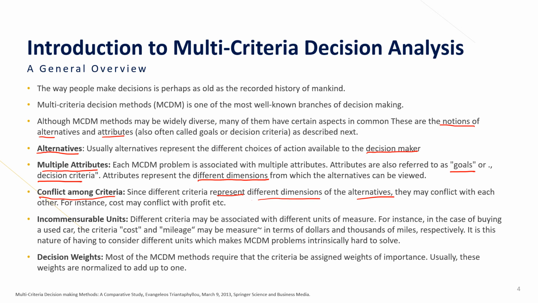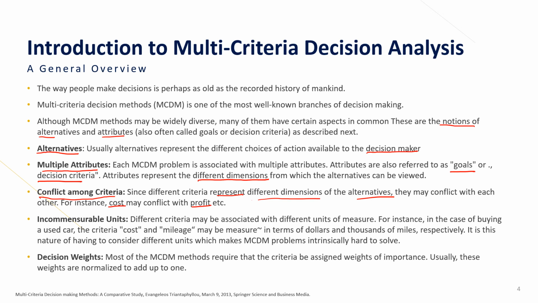For example, if you produce a product, the cost of the product may conflict with the profit it generates. A product that is cheaper to produce will normally contribute less to the profit margin.